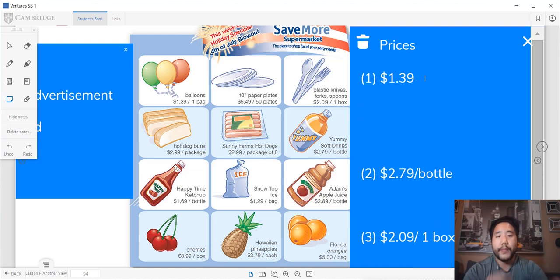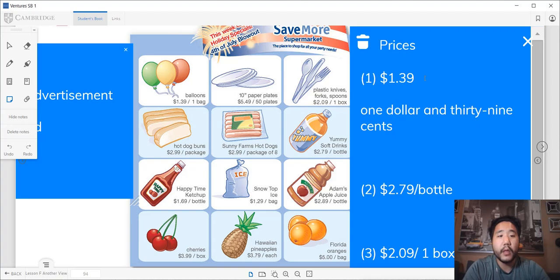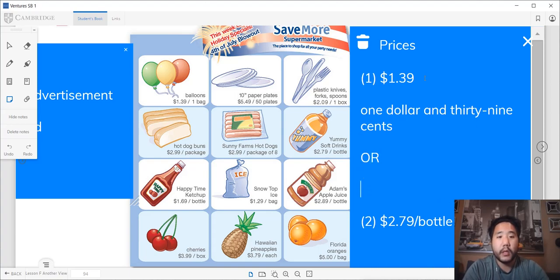One is for this price exactly, so it's going to be $1.39, or 139. So this is one way, and this is another way. So $1.39 or 139. The 139 is a shorter way of saying the price.